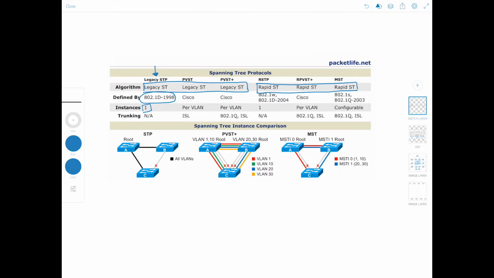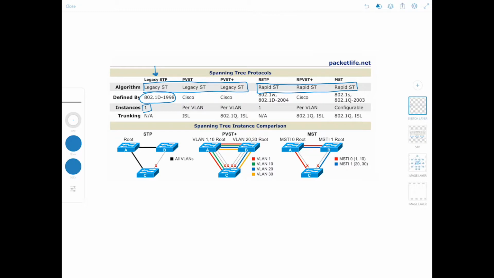So the next one, PVST, is a Cisco enhancement of the spanning tree protocol that provides a separate 802.1d spanning tree instance for each VLAN configured in the network, and it uses ISL encapsulation.